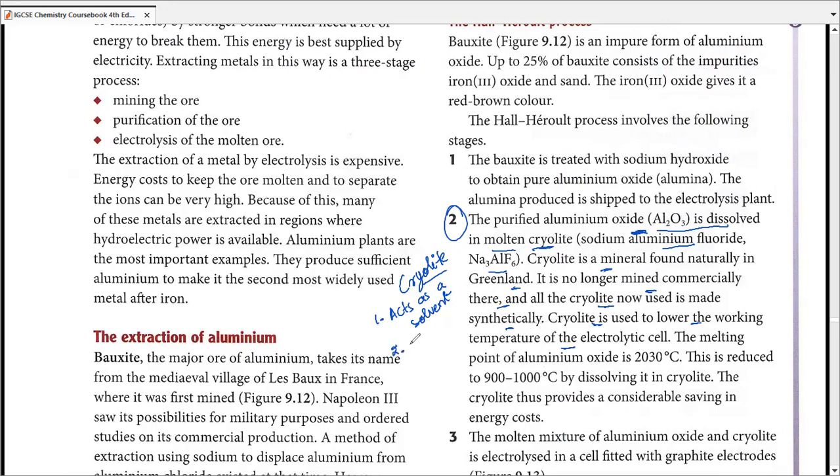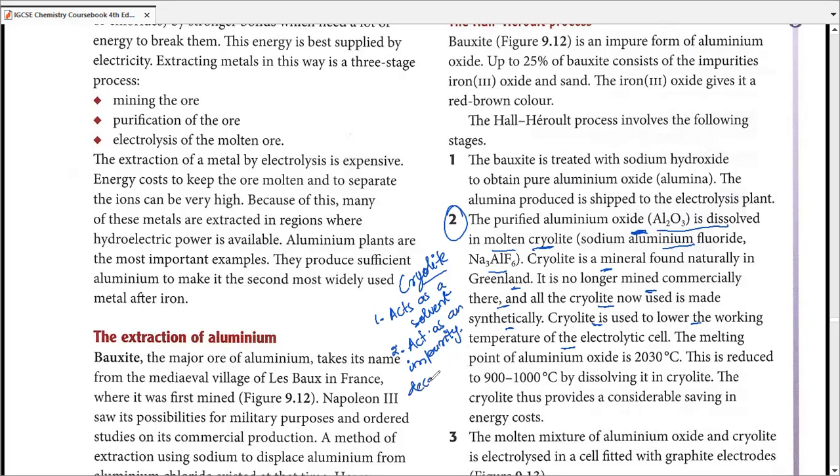The second function really is to act as an impurity. And before I move any further, let me clarify. The very start of chapter number 2, 2.1 tells you if there is an impurity in a solvent, it can decrease its melting point and increase its boiling point. So if cryolite is present with aluminum oxide as an impurity, what would happen?